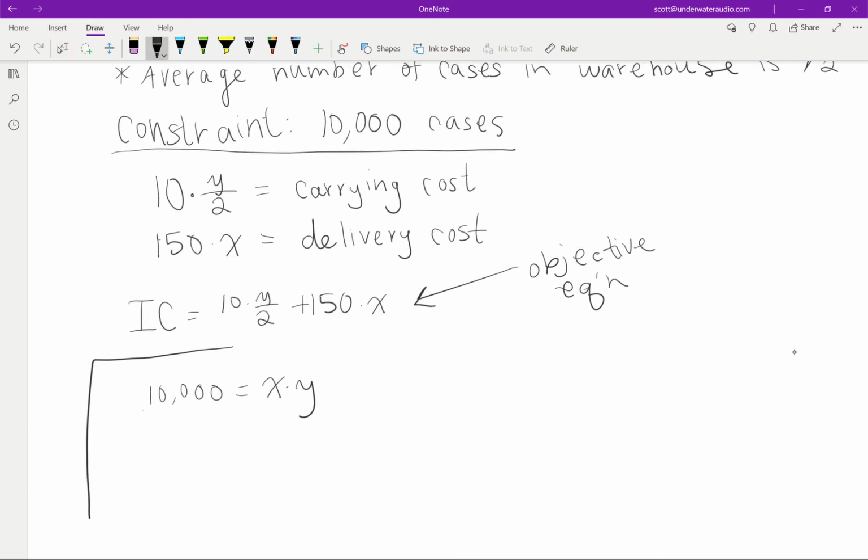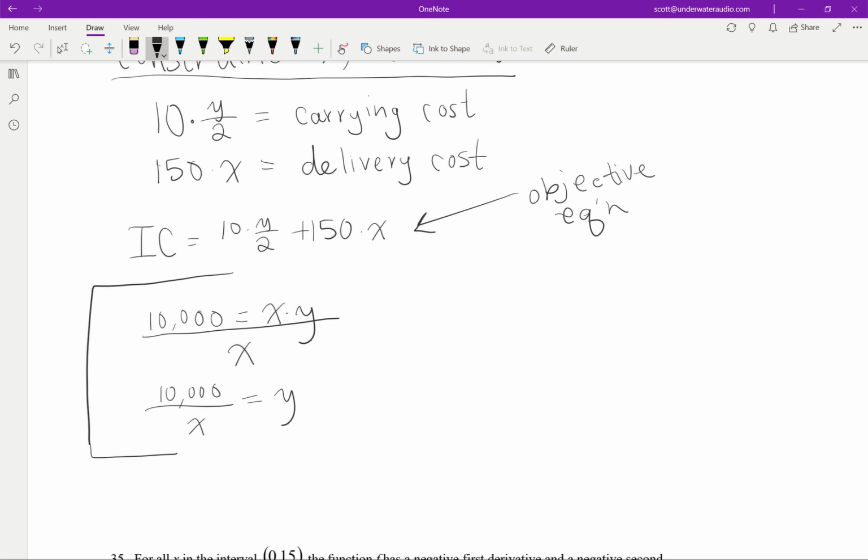So I'll use my constraint equation to eliminate one of these variables in my inventory cost equation. I'll divide by x, and that gives me 10,000 over x equals y. I can use this constraint equation to rewrite my inventory cost equation.